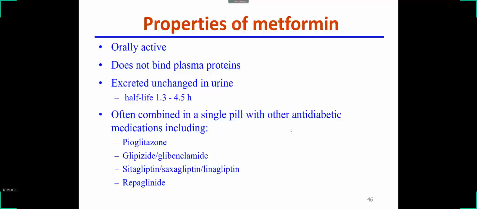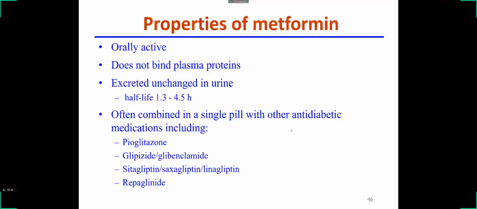It's often combined in a single pill with other anti-diabetic medications, which is also convenient. So you can give a patient just one pill, because you'll have learned from some of your clinical practice, and later on you'll learn, drug compliance is important, especially in older patients when they're taking 5, 6, 7 drugs.